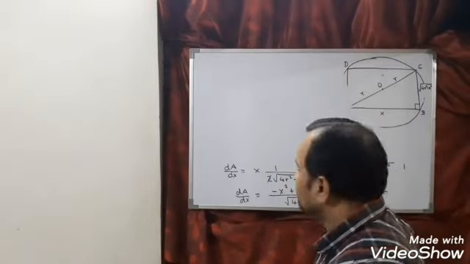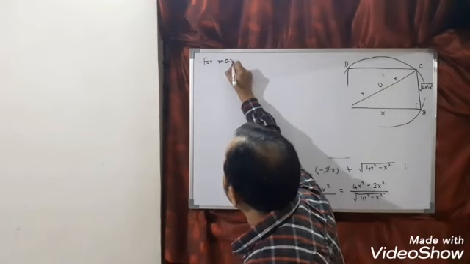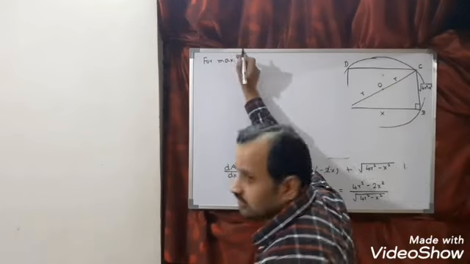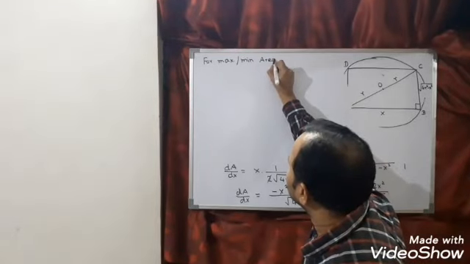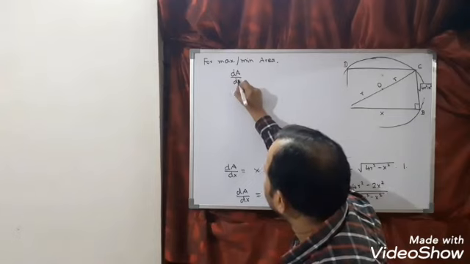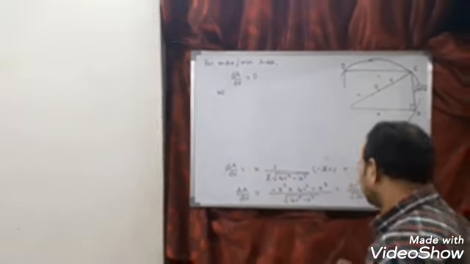0. So here I can say for maximum or minimum area, dA by dx is equal to 0 implies. So what is dA by dx?